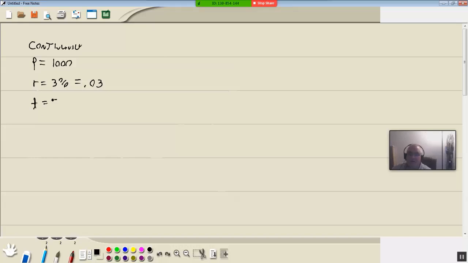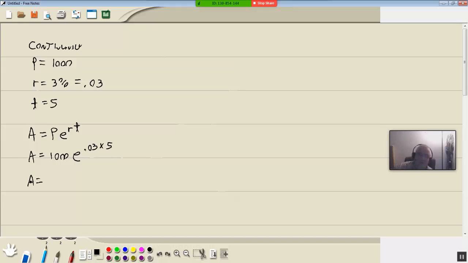And we want to leave it in there for 5 years. So T is 5. Well, since it says continuously, then we'll use the Perp formula. A is equal to P e to the RT power. So P is 1,000, e to the R, which is 0.03, times 5.